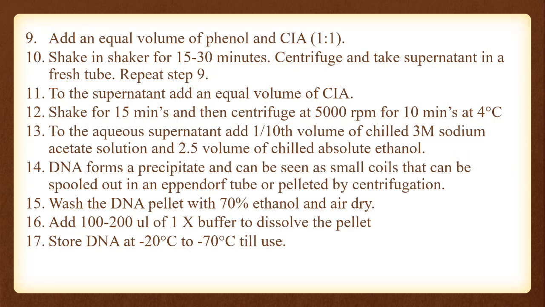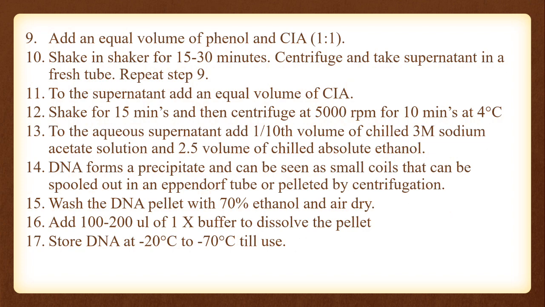Then add an equal volume of phenol and CIA in the ratio of 1:1. Then again shake in the shaker for 15 to 30 minutes. Then centrifuge and take the supernatant in a fresh tube and again add an equal volume of phenol and CIA buffer in a 1:1 ratio.